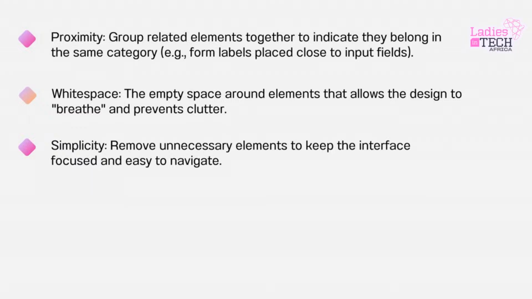So let's go through that again. Simplicity, keeping it simple. White space, preventing clutter, giving yourself breathing room. Proximity, grouping related elements together. If it's not related, put it apart or put it in a different section. That's for proximity, because our minds automatically group things together.